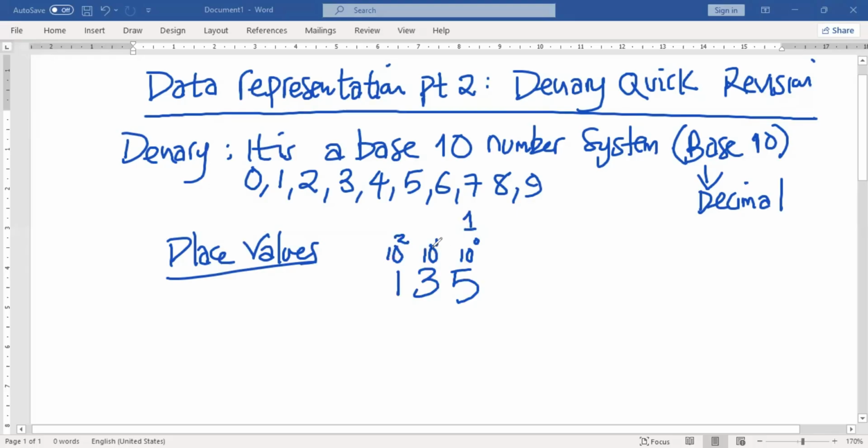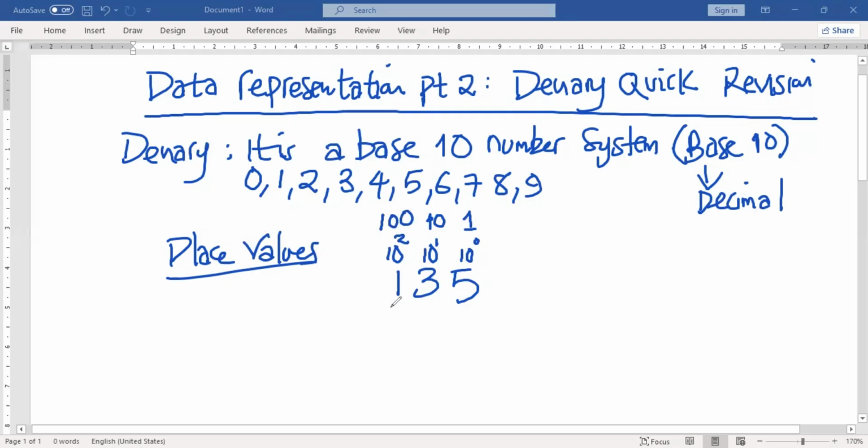And 10 to power 1, any number raised to power 1 is the number itself, so this one is 10. Then 10 power 2 means 10 times 10. So we multiply the number by itself 2 times, which will give us what? 100. This is why we say the place value for this one is ones, the place value for this one is tens, and the place value for this one is hundreds.